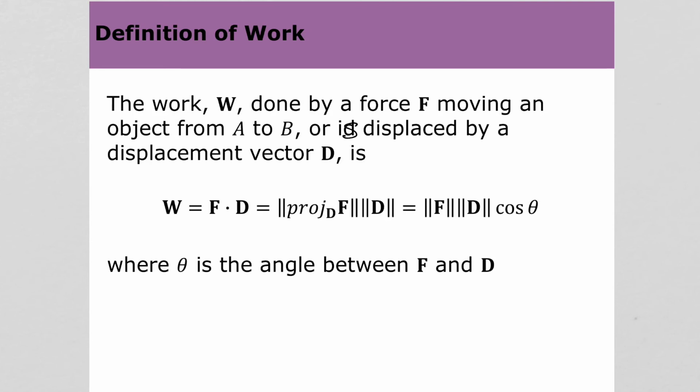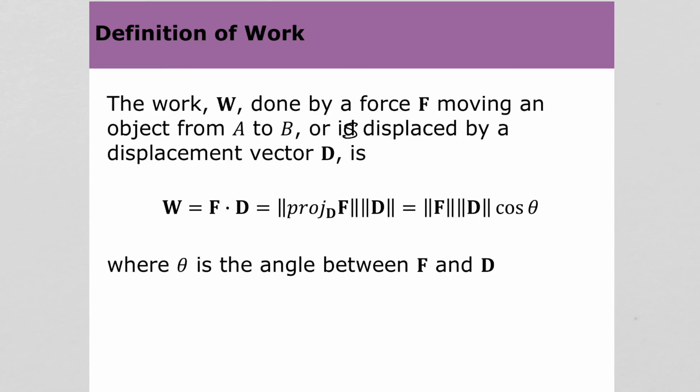Another way you could write it is the magnitude of the projection of F onto D, times the magnitude of D. And even another way you could write it is the magnitude of F times the magnitude of D times the cosine of theta. So it just depends on which one applies best to your particular problem.